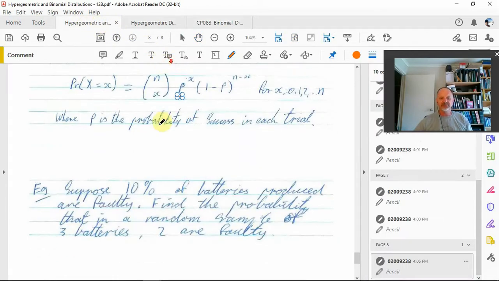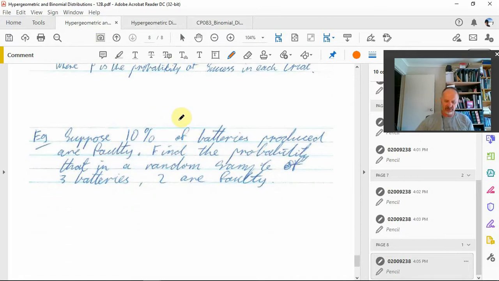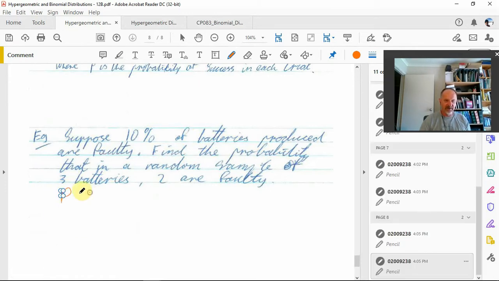So suppose 10% of batteries produced are faulty. That's our probability, our p, our proportion, is 10%. Of course, we don't do it in percentage, we do it as a number, so 10% is 0.1.